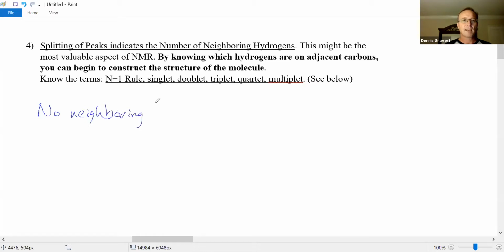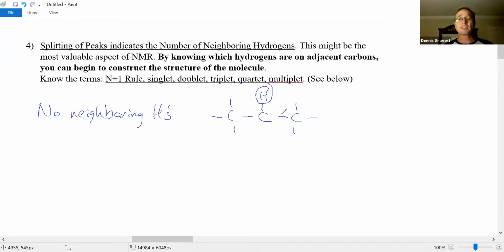No neighboring H's. That might be a case where there's a carbon and a single hydrogen, or there might be more that are equivalent. Let's simplify it. This hydrogen is sitting here, you shine radio waves on it, and it produces a peak. All the hydrogens need to produce a peak. The other carbons are bonding four times, but to other carbons or an oxygen, a halide, maybe there are some double bonds.